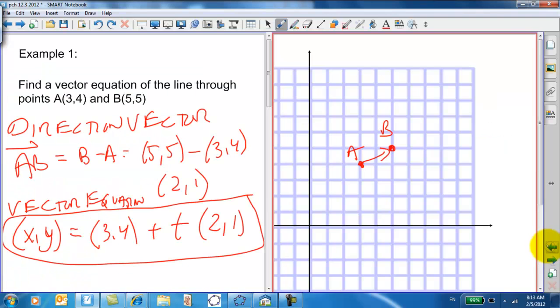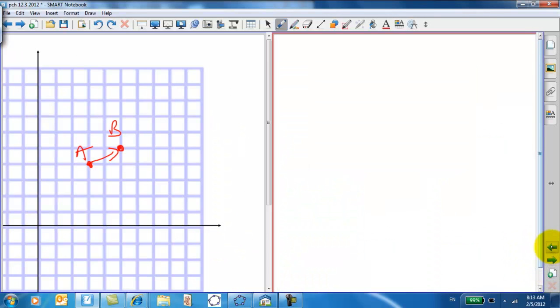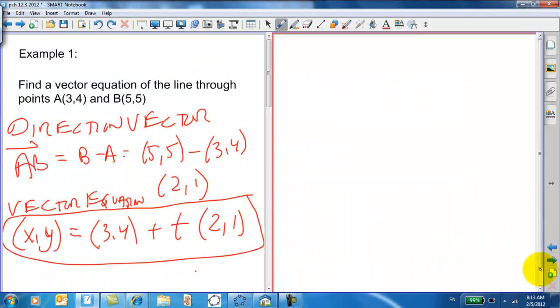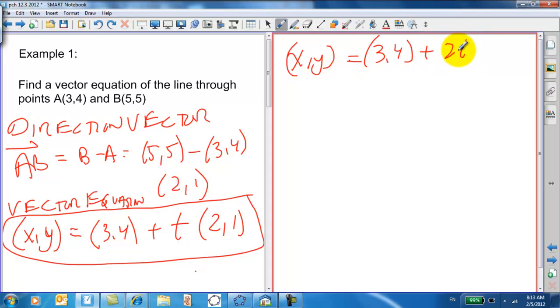Let me just back up a second here and add a page. We can say (x, y) equals (3, 4) plus t times (2, 1), distributing the scalar multiplier across that vector.